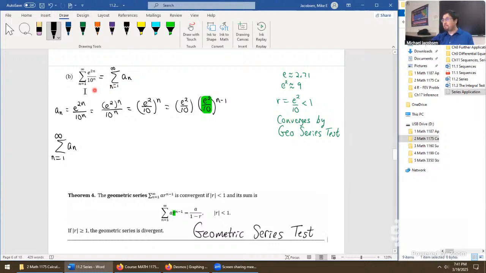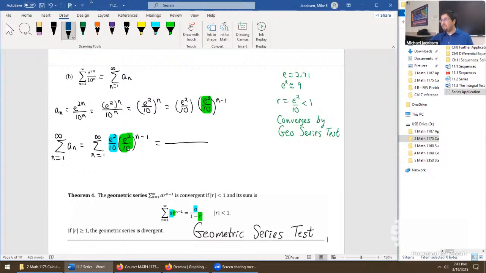This is just a way to name the original series, is now going to be a summation as we go from 1 to infinity of e squared over 10 multiplied by e squared over 10 to the power n minus 1. So that's the r in the formula over here. We carefully factored out that and collected it because it's the a in the formula coming down over here. All we have to do is just write it in.